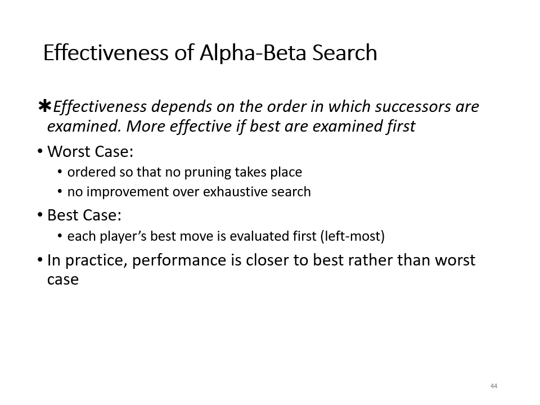So why would we explore these branches when by the help of alpha beta you will get the same answer as you get from normal min-max algorithms. In worst case order, no pruning takes place, no improvement over exhaustive search.